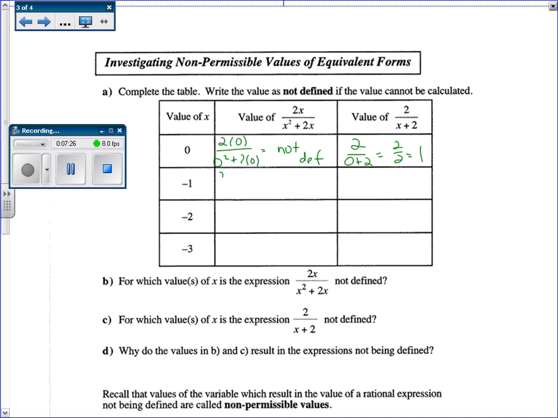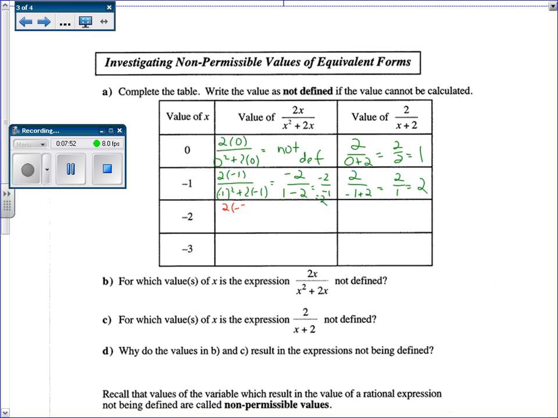And then 2 times negative 1 divided by negative 1 squared plus 2 times negative 1 is negative 2 over 1 minus 2, which is negative 2 over negative 1, which is just 2. 2 over negative 1 plus 2 is just 2 over 1, which is 2.